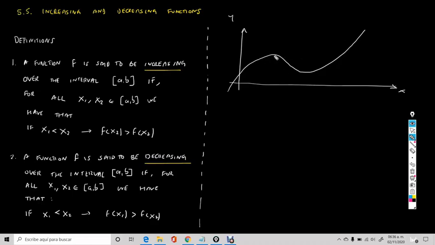For example, I can make a partition right here, and then over here, more or less, and then from here to infinity. So we have like three sections basically, from minus infinity to this part, and then from this part to this part, and then from this part to plus infinity.